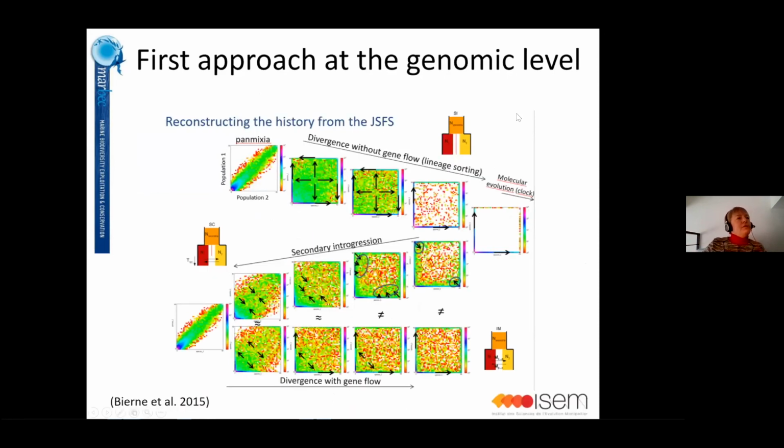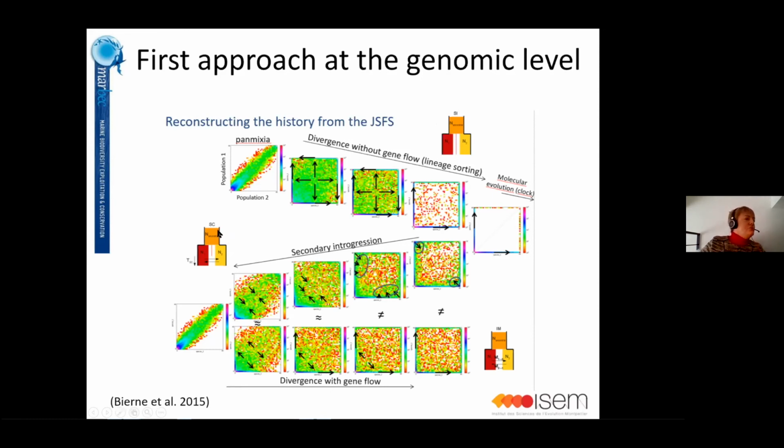So what about the history of those populations? You have several possible scenarios. If you begin with an ancestral population, you can imagine what could have happened. You could have a divergence without gene flow, which means that the populations separate and don't exchange any genes.